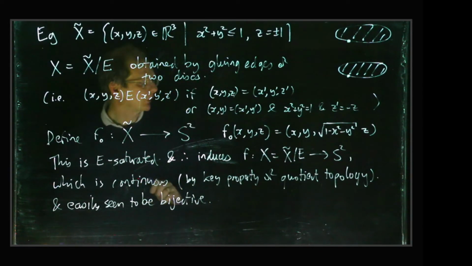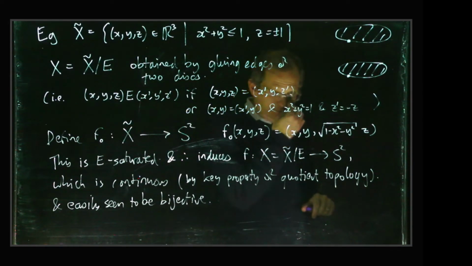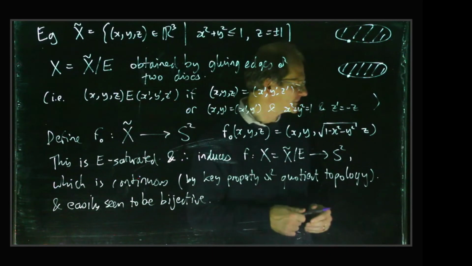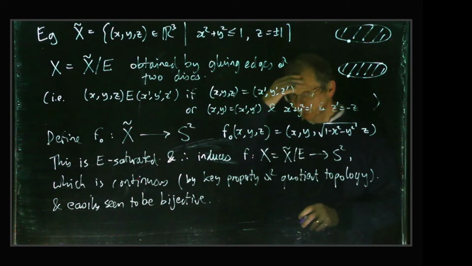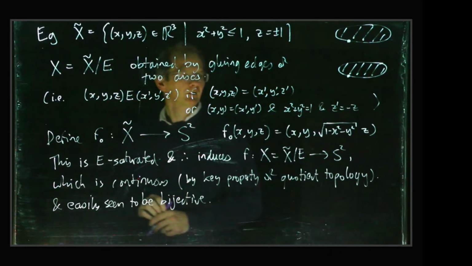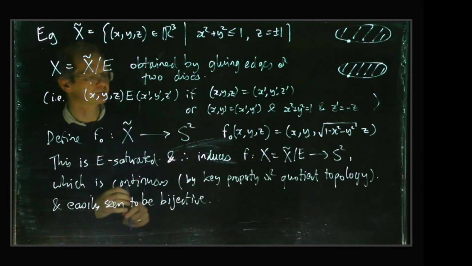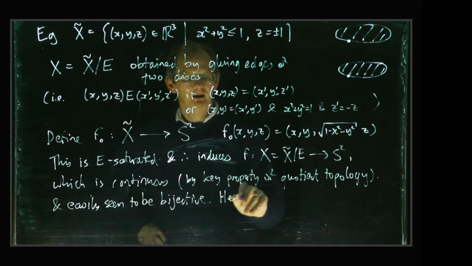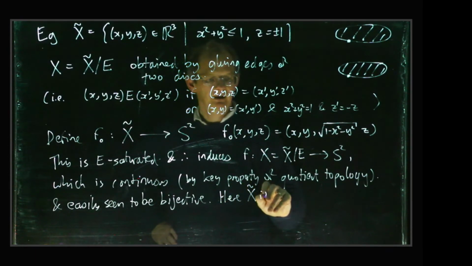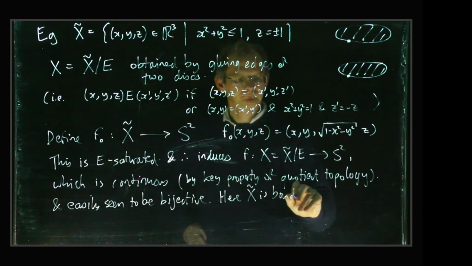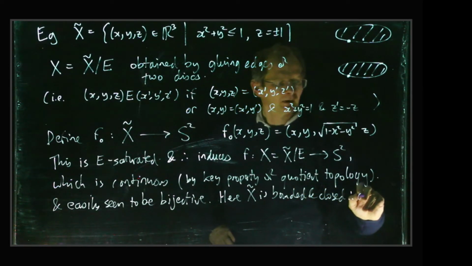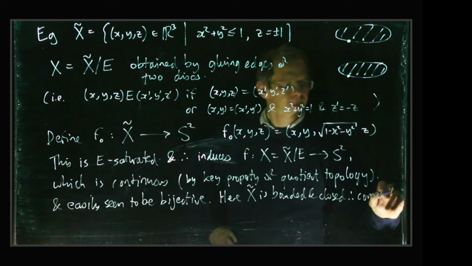Okay, so we really want to prove that F is actually a homeomorphism, but it would be quite fiddly to do that directly by considering continuity of the inverse. But we can do it automatically from the theorem that we just proved. So here X tilde is bounded and closed, therefore compact.